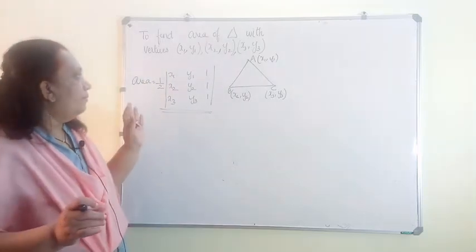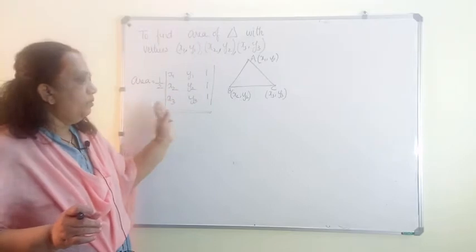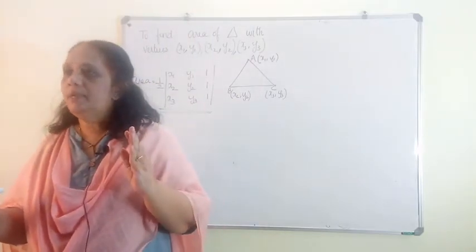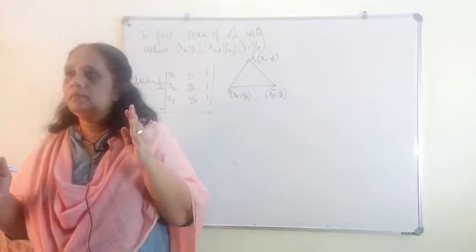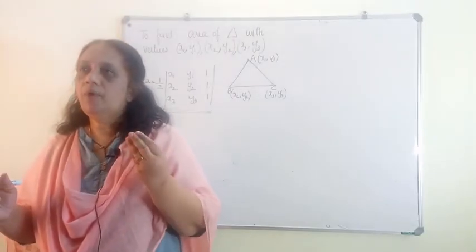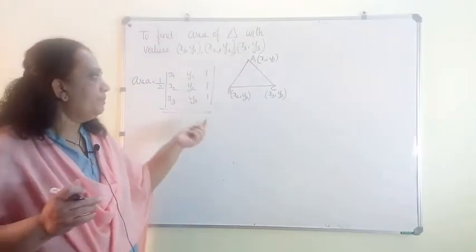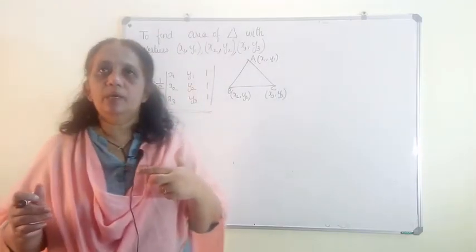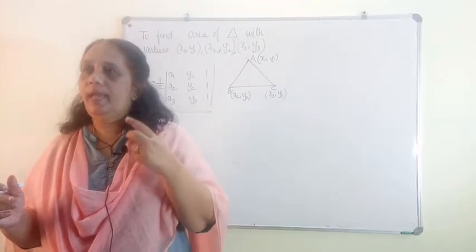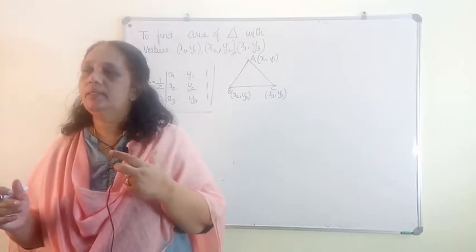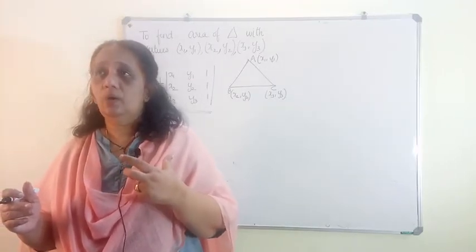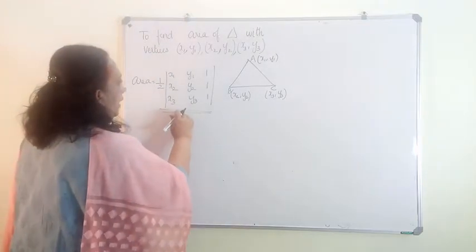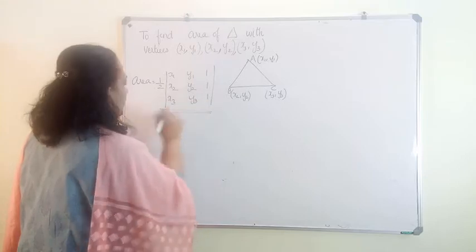Now, this determinant value can be positive or negative. Sometimes you get a negative value, but you take the absolute value, because the area of a triangle is always positive.